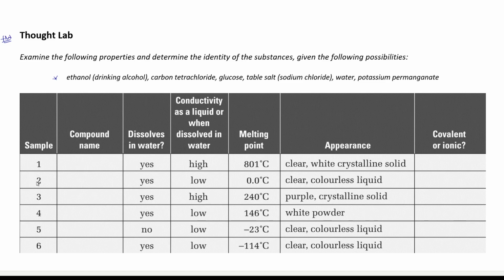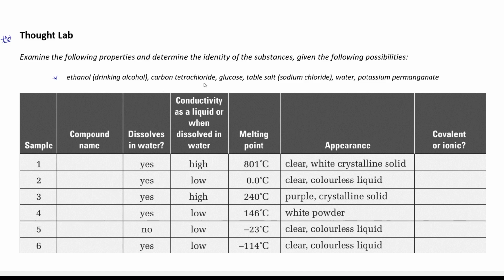So for example, let's take a look at sample 2. Sample 2, does it dissolve in water? Yes. It has low conductivity. Okay, so it dissolves in water but has low conductivity. Its melting point is 0 degrees Celsius, so it melts at 0. It is a clear, colorless liquid.